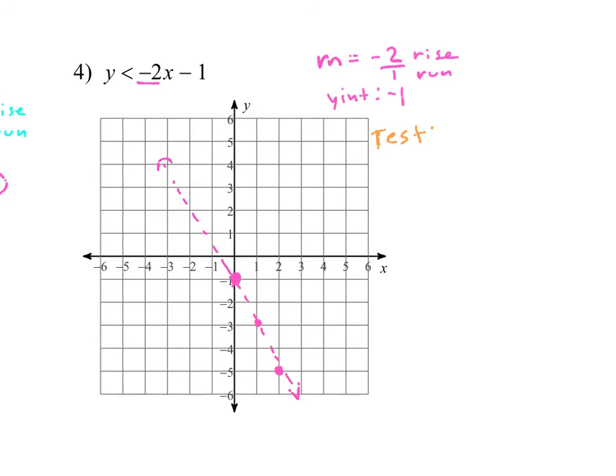The left side. So we shade on the side that does not have 0, 0 since it's not true. Any questions on this one? Okay, let's go to the next.